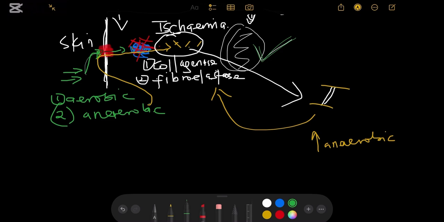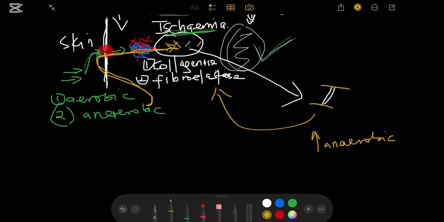When they go in first, they start producing collagenase and other lytic enzymes that break down the connective tissue. And once they are done with that, an ischemic environment is created. And once the ischemic environment is created, the anaerobic organism will now have the audacity to go in and start doing more.